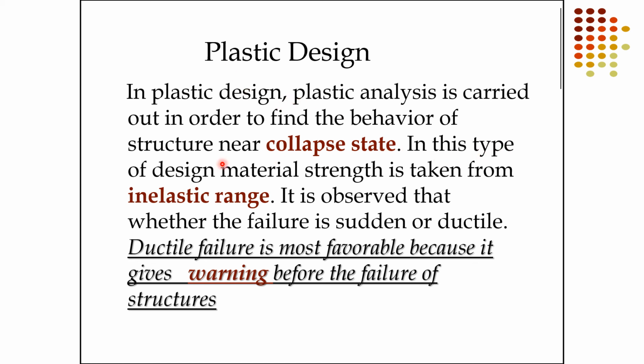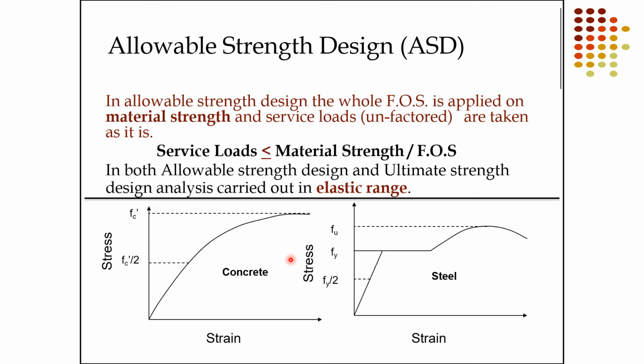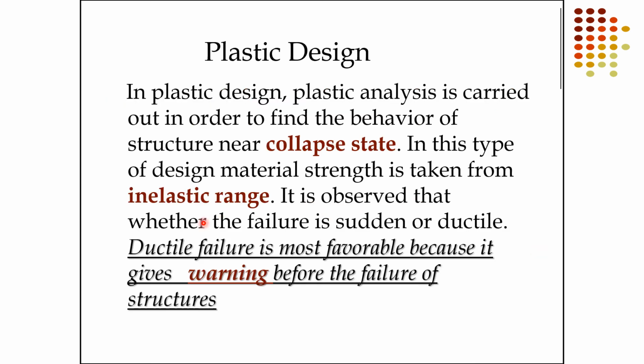In this type of design, material strength is taken from the inelastic range. It is our observation after the plastic design whether the failure is sudden or ductile. Ductile failure is most favorable because it gives warning before failure of the structure. We put maximum emphasis on the design being ductile.